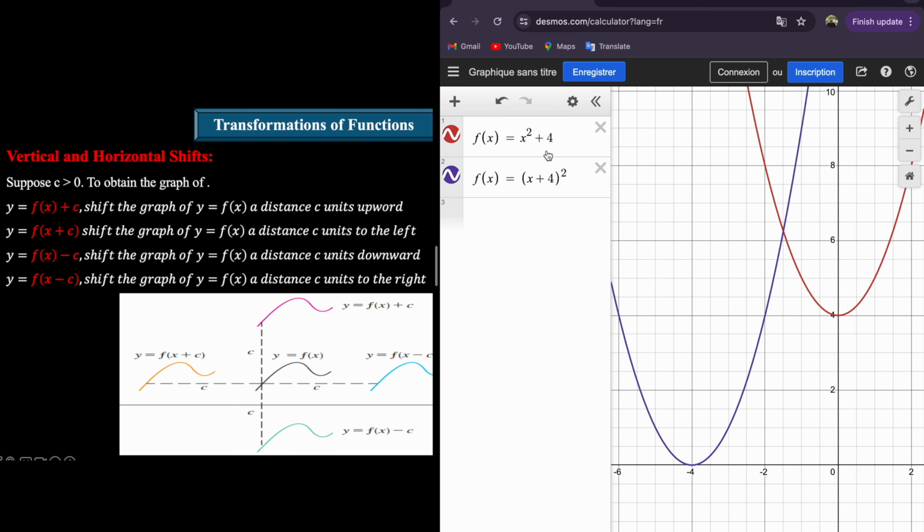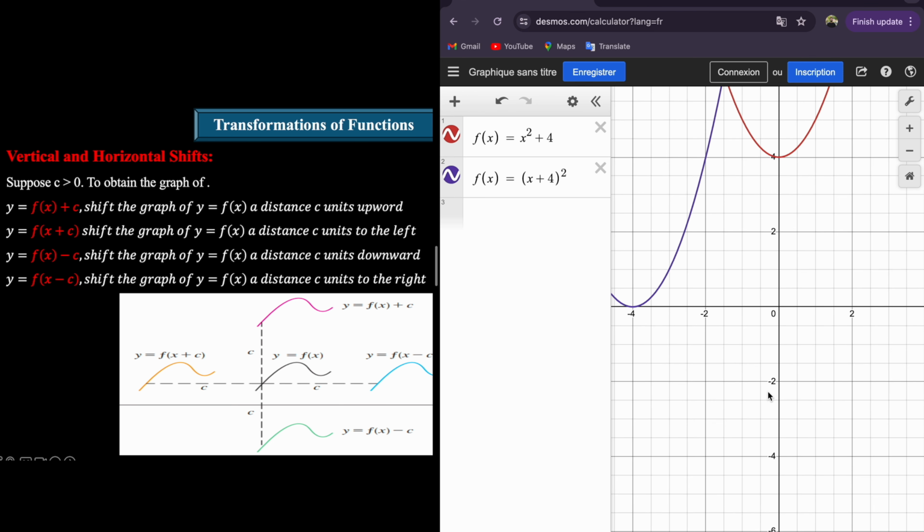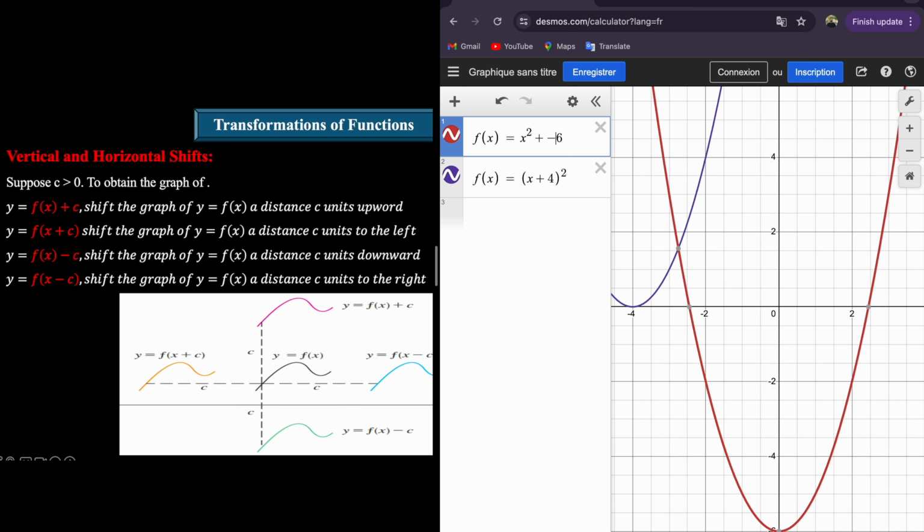Okay, so now what if I want to move my curve downward 4 units again, or 6 units? Okay, I just make 6 instead of 4, and here I make minus. You see, it came 6 units downward.